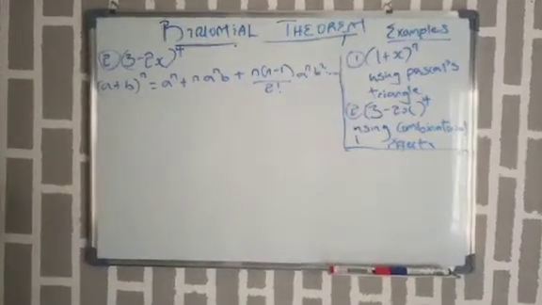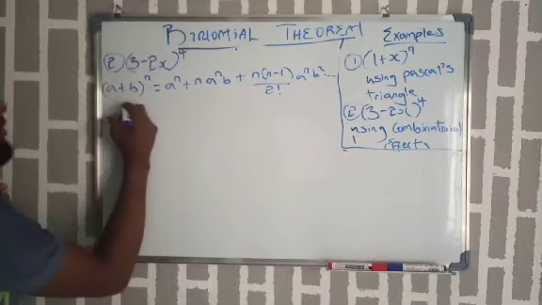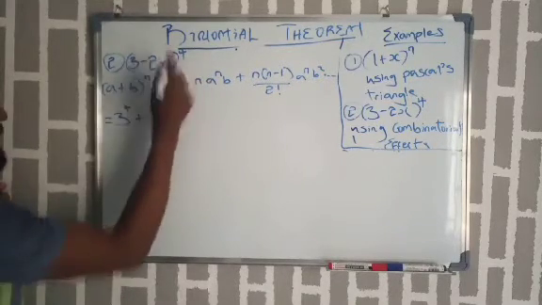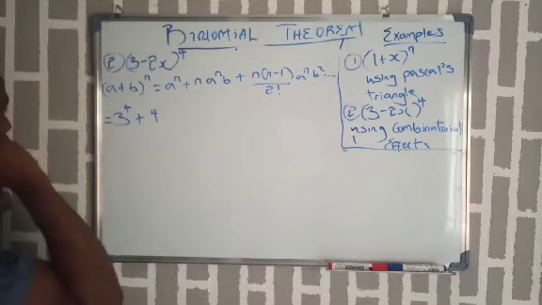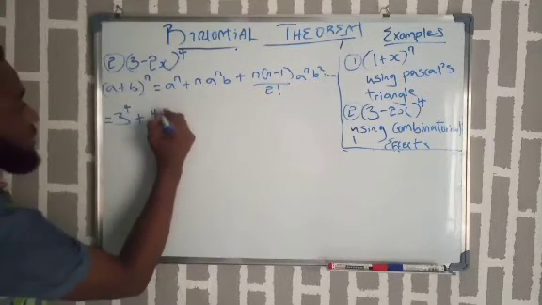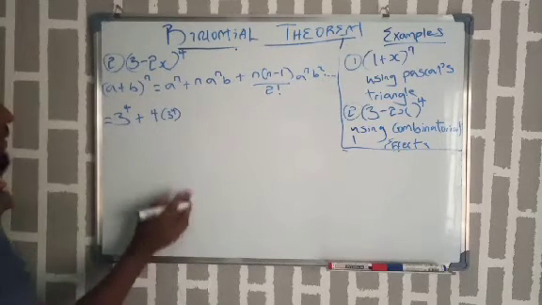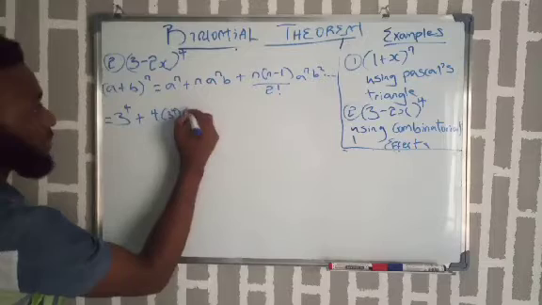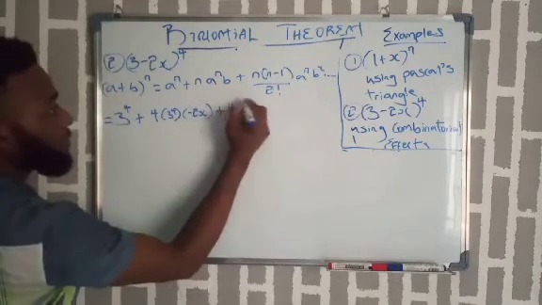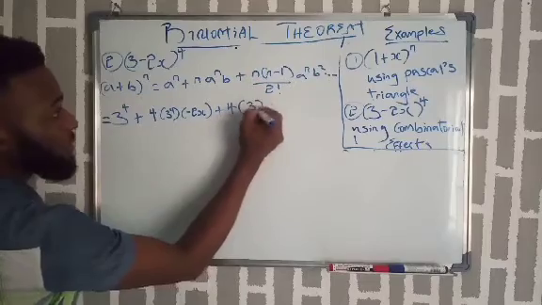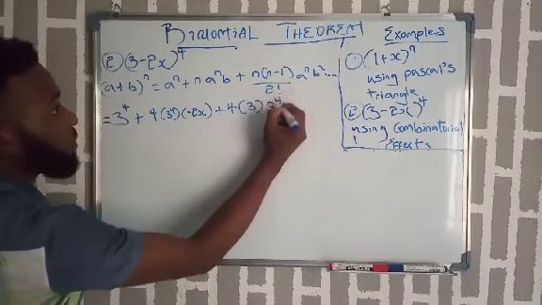You can apply this formula, then it can become 3 raised to the power n, which is 4, plus the n now becomes 4, then a becomes 3 raised to the power 4, then b becomes minus 2x, plus n remains 4. 4 minus 1 is 3, then a is 3 raised to the power 4.